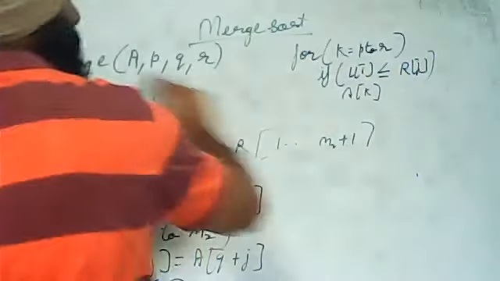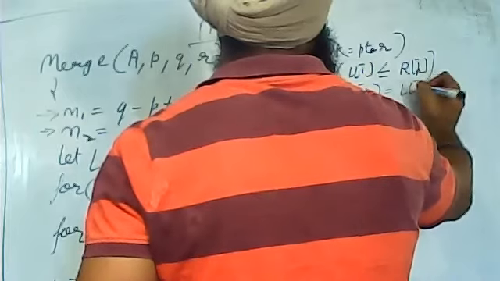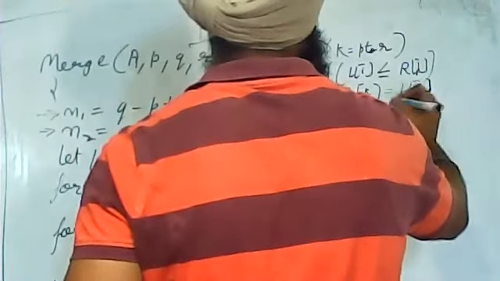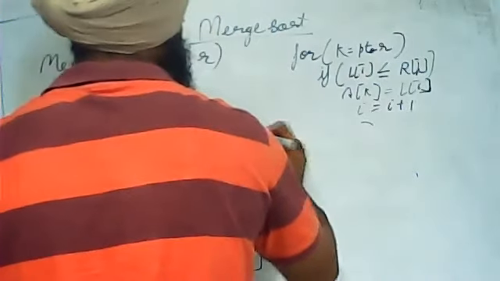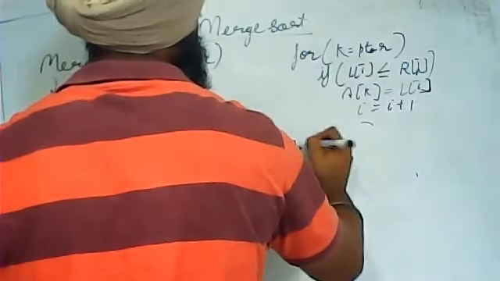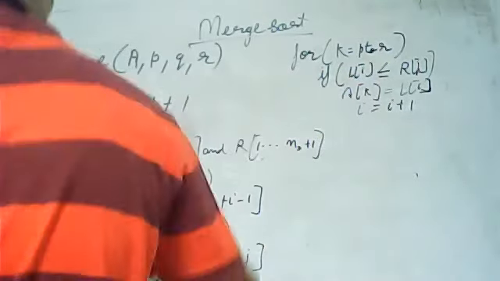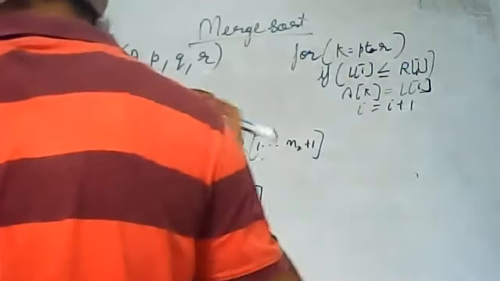at this array, I'll copy the left of I, and I'll also increment I by 1. Now, if this is not the case, in the same for loop, then what should happen?